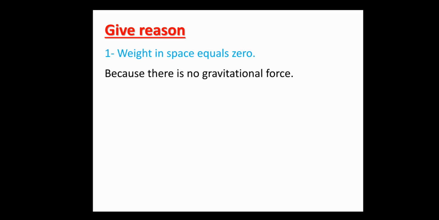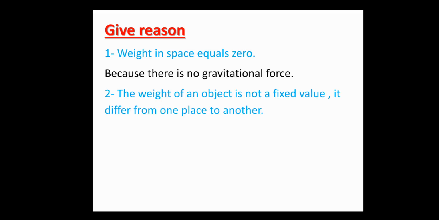Now let's evaluate. Give reason number 1. Weight in space equals 0. Why does the weight in space equal 0? Because there is no gravitational force. There is no gravitational force in space, so the weight equals 0. Number 2. The weight of an object is not a fixed value. It differs from one place to another.